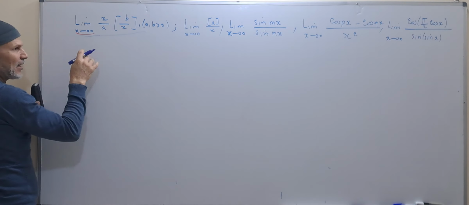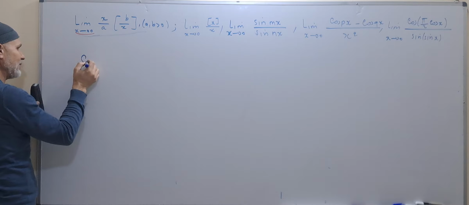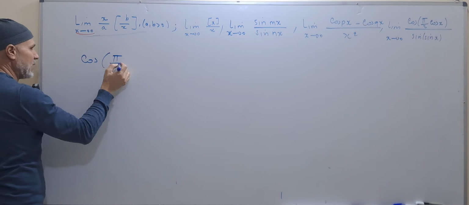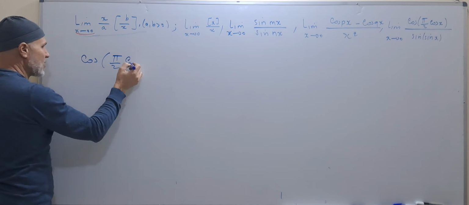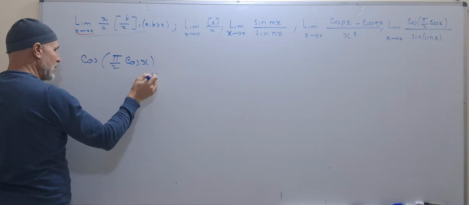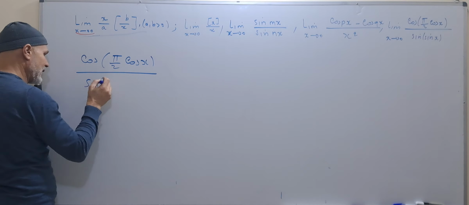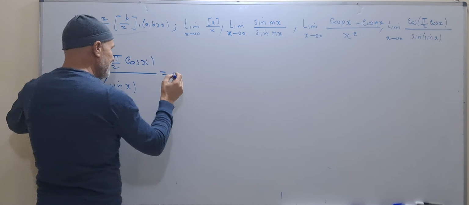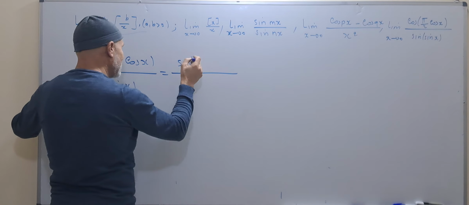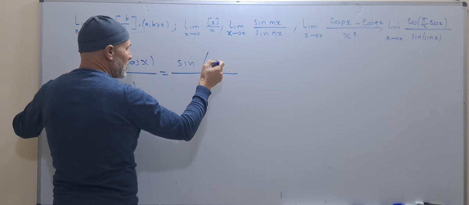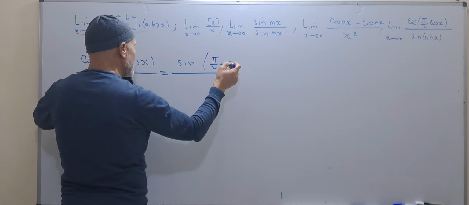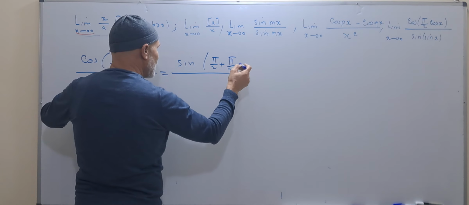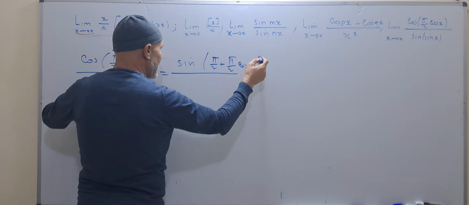Let us make some change on this formula: cosine of (p over 2 cosine x) divided by sine of sine x. This is equal to sine of (p over 2 plus p over 2 cosine x).